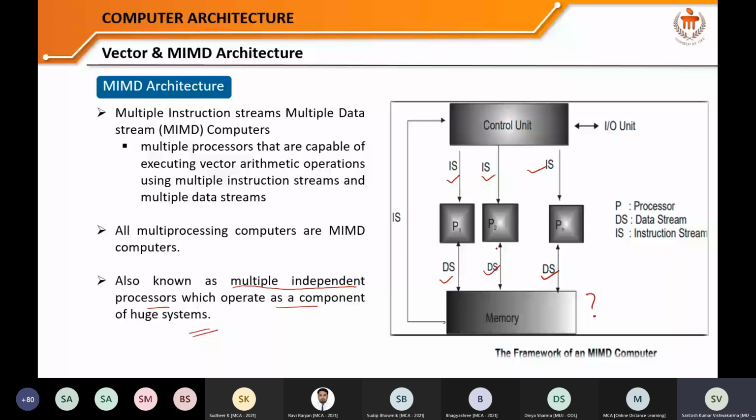The second is the memory. Third is the process, which consists of control unit plus ALU, that is arithmetic logic unit. So this is the process part, and the fourth is output.